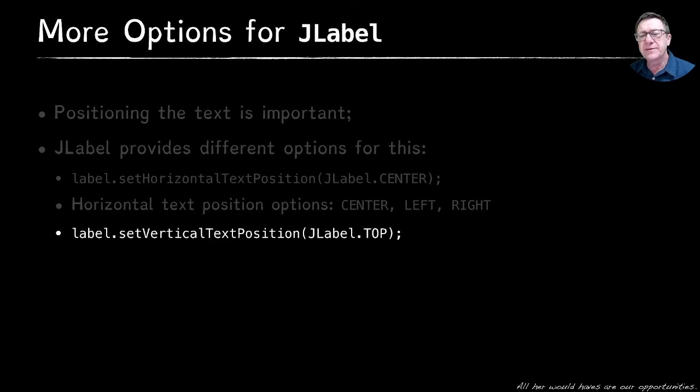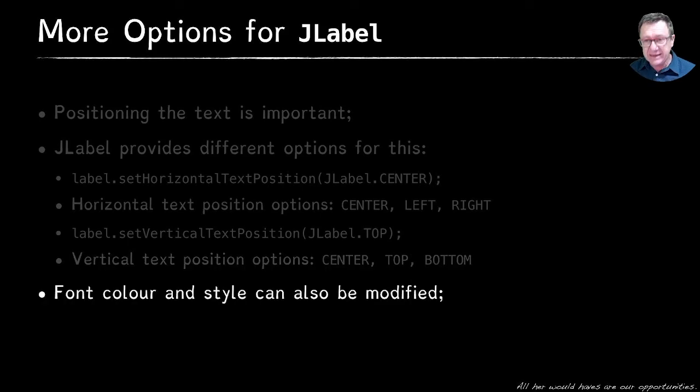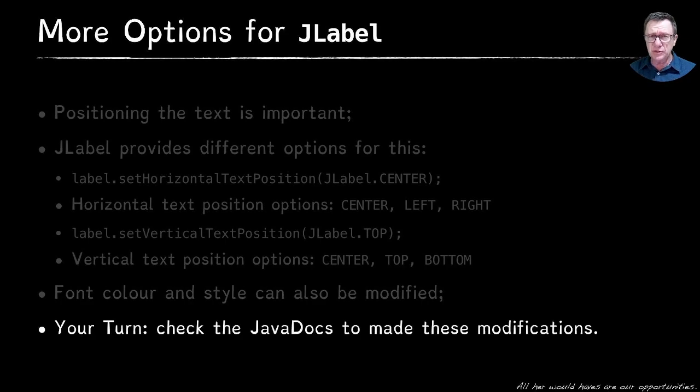And we have setVerticalTextPosition top. I wonder where that might be. Okay, center, top, and bottom. Pretty straightforward, I would think. And we have font color and style. We can modify those as well. So your turn here is to check the Java docs and see how to go about making all of these modifications.